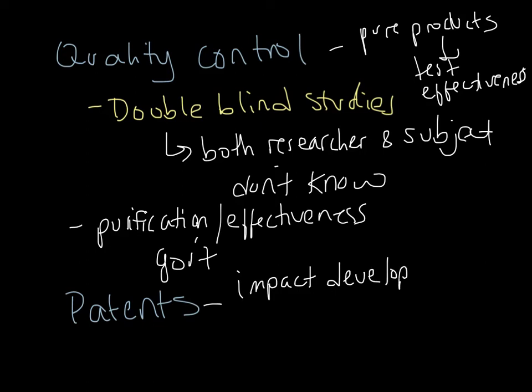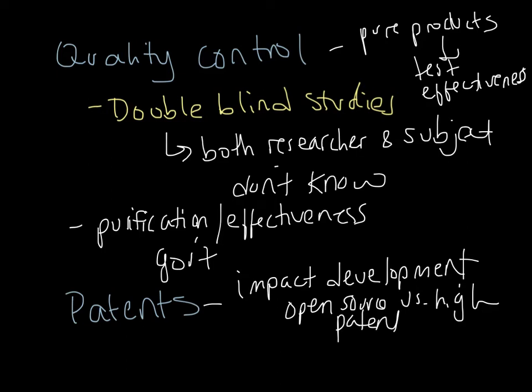If something's open source, lots of people can use it, versus high patent stuff. And one of the huge examples outside of technology for this would be Disney. Disney is a high patent thing. This would also be the debate between Apple and Android, whether you're an open source or a high patent kind of idea. Same thing with Wikipedia. There's a lot to be debated on this, and if we have time we'll hit on this in class.